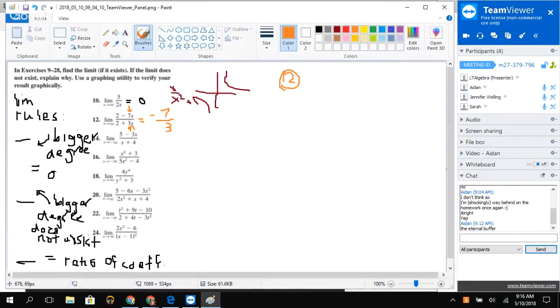If you graph number 12, you actually get a graph that looks a whole lot like the graph of number 10, except the asymptote is actually, if I draw it right, at -7/3.